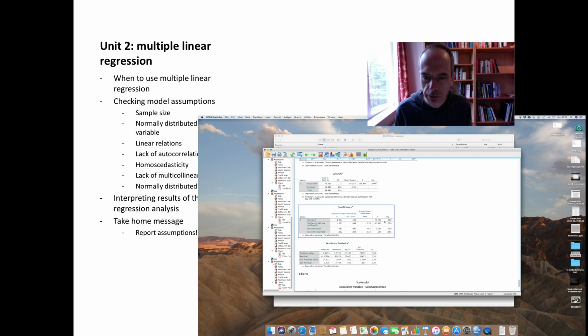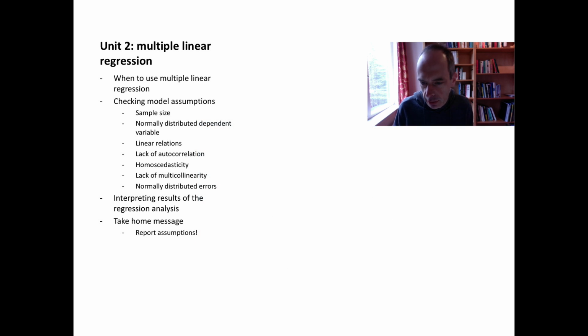And then we look first at whether the whole model is a fit by looking at the ANOVA, and then at the beta values and the significance levels. And then we can see that two of the independents have a significant impact on the dependent and one does not. So with this information, we can actually test the hypothesis.